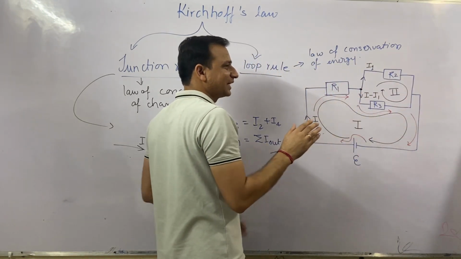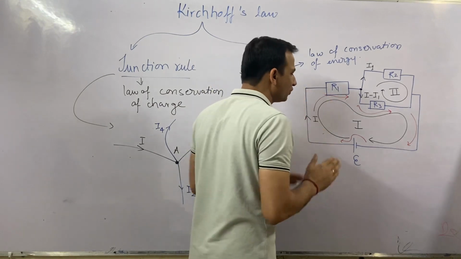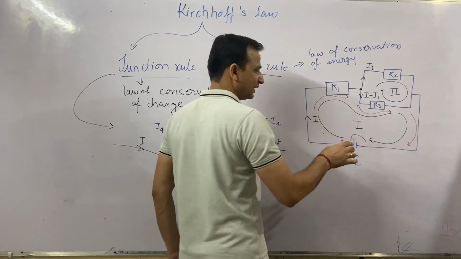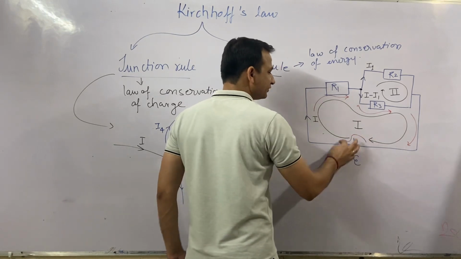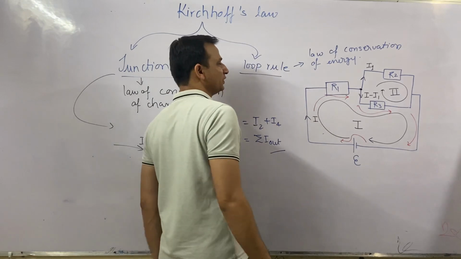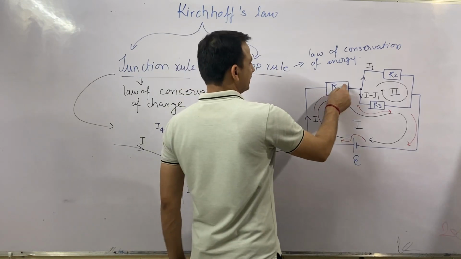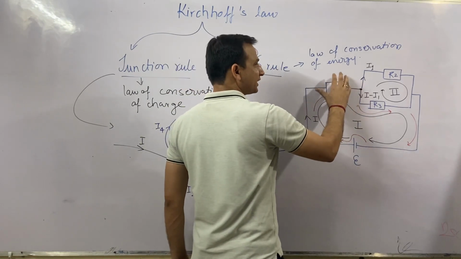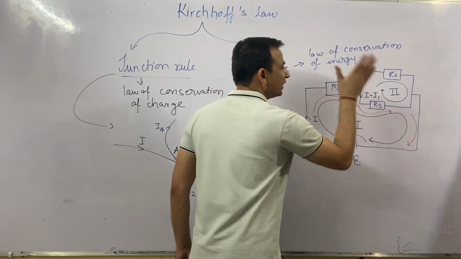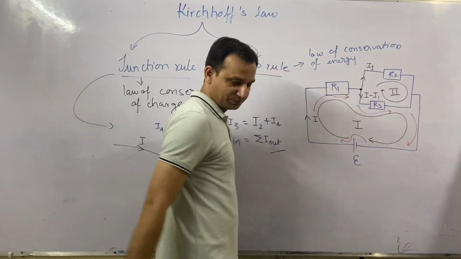And if we consider any particular loop, the EMF of the power supply in the loop is equal to the total potential difference appearing within that loop across the resistors.